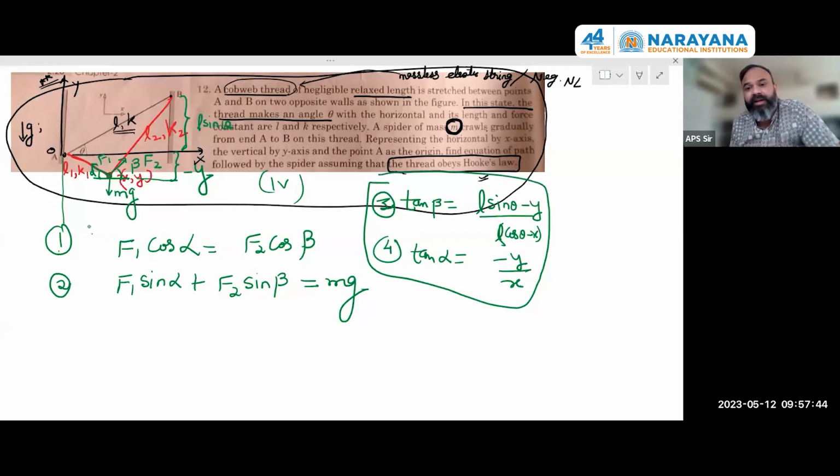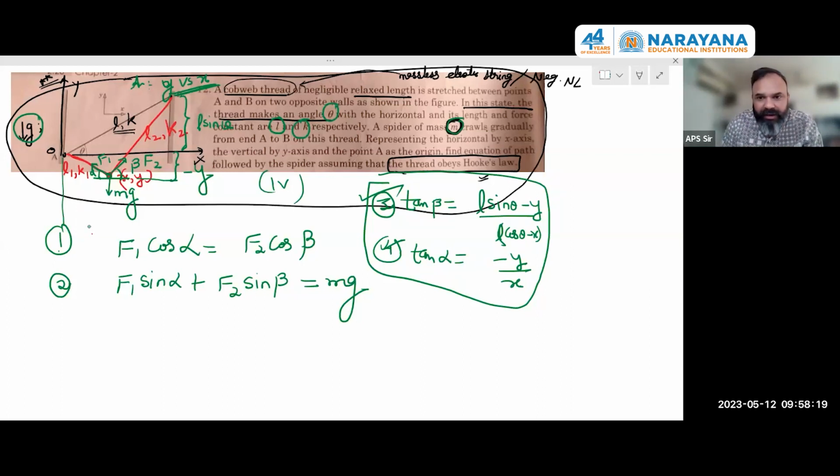So these are the fundamental equations for x and y. Basically, alpha and beta can be eliminated from these equations. That's not a problem. Your expectation of the answer is y versus x. Your answer can contain theta, g, mass m, L, and K. So these are the constants I can have in my answer: m, g, k, L, and theta.